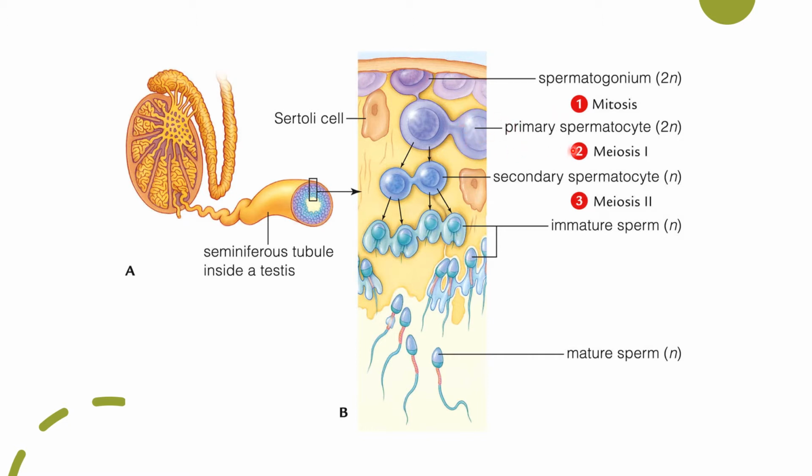After meiosis 1, it will become secondary spermatocyte, and after meiosis 2 would be the immature sperm cell, eventually leading to the formation of the mature sperm. Again, as discussed, Sertoli cells help with the nourishment of the cells to be developed.